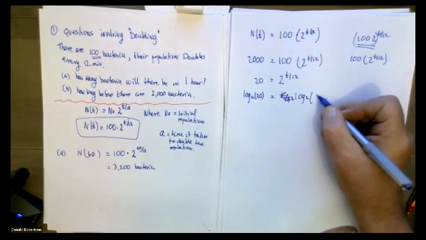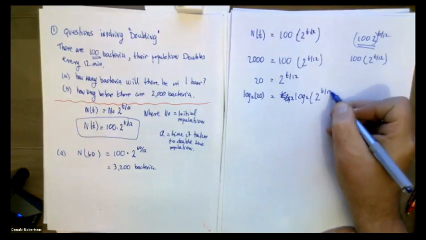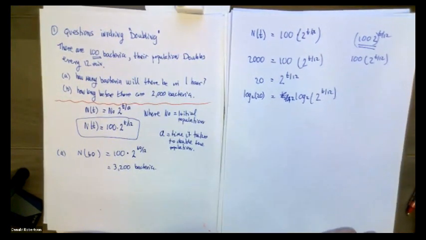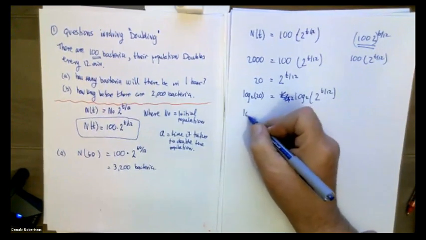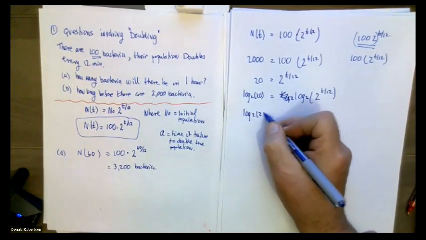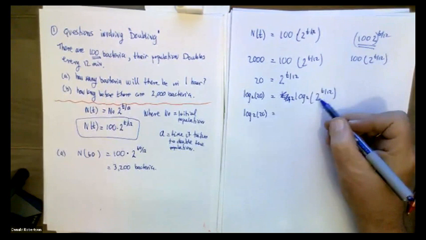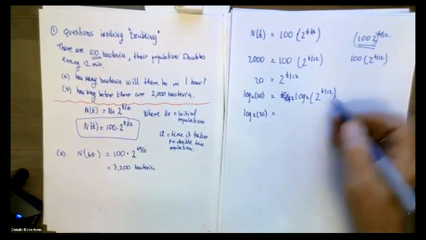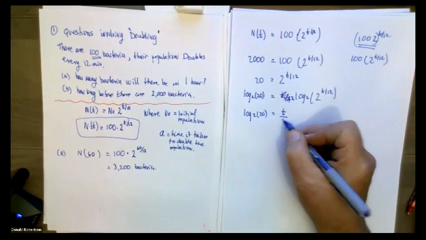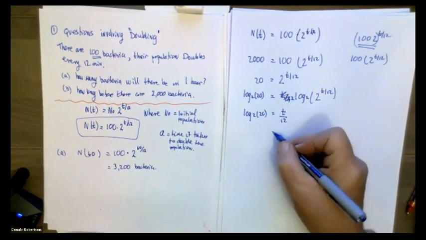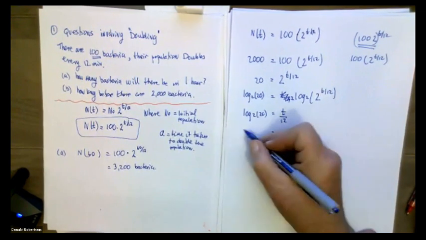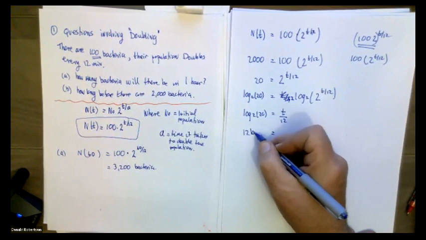Log to base 2 of 2 to the t over 12 equals the log to base 2 of 20. And isn't log to base 2 of 2 to that power just t over 12? And then to get t, I just multiply both sides by 12.